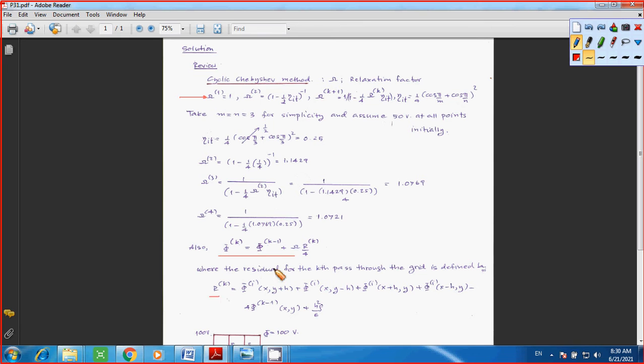And this is your r, because you need r for the potential calculation. Your rk, the kth iteration, equals phi at that point, at x and y plus h.